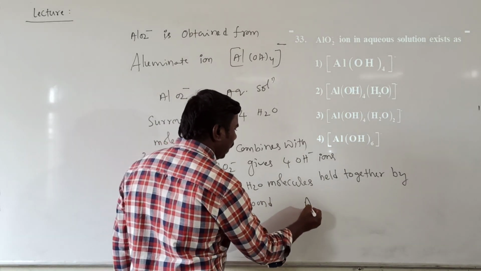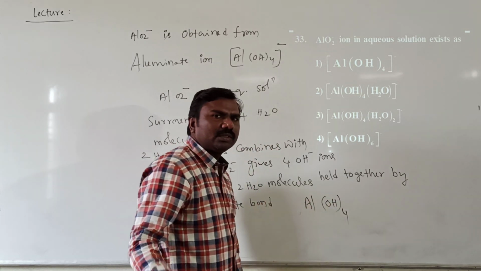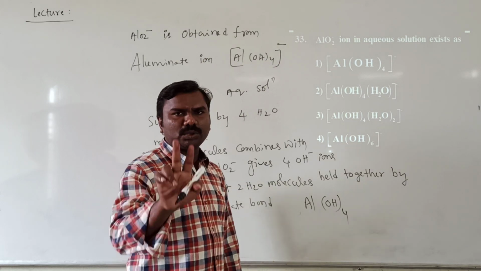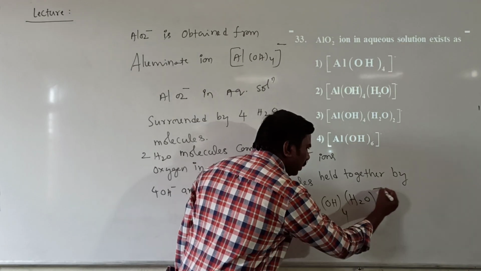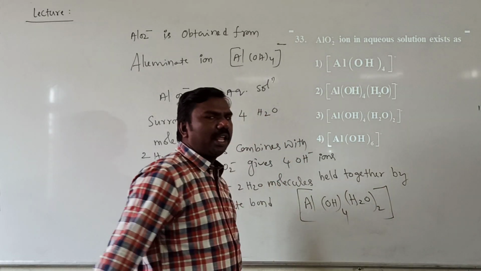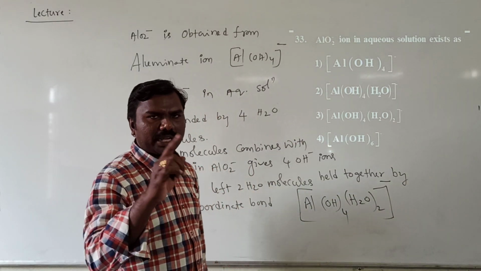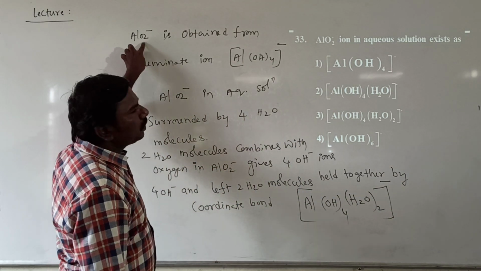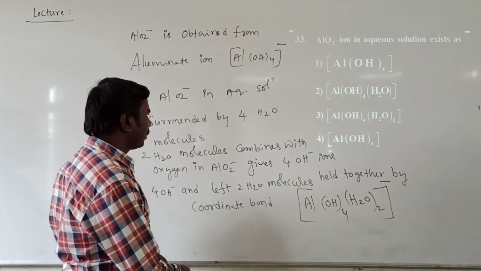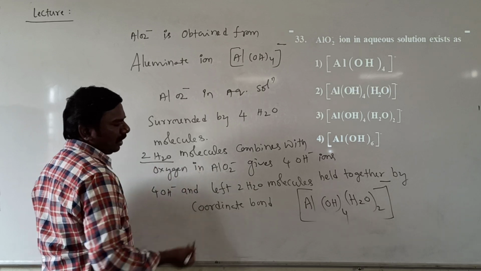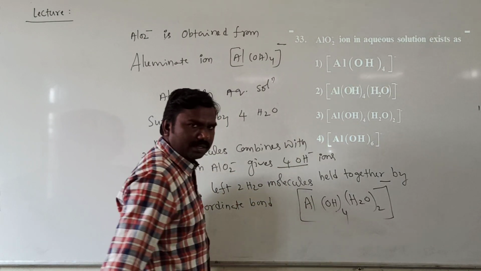Then it forms Al, OH, O2 forms 4 OH minus ions with 2 water molecules, and the left H2Os can combine with a coordinate covalent bond. Then there is a minus charge. Once again, this O2 can combine with 2 H2O molecules, then give rise to 4 OH ions.